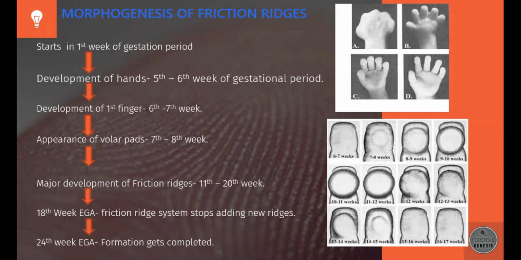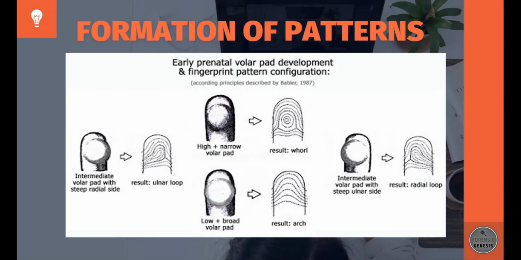Over there I mentioned morphogenesis, that means development. So basically it is development of friction ridges. Friction ridges are the raised portion of the epidermis. So the formation of pattern reflects the size and shape of volar pad at the time of formation of friction ridges.